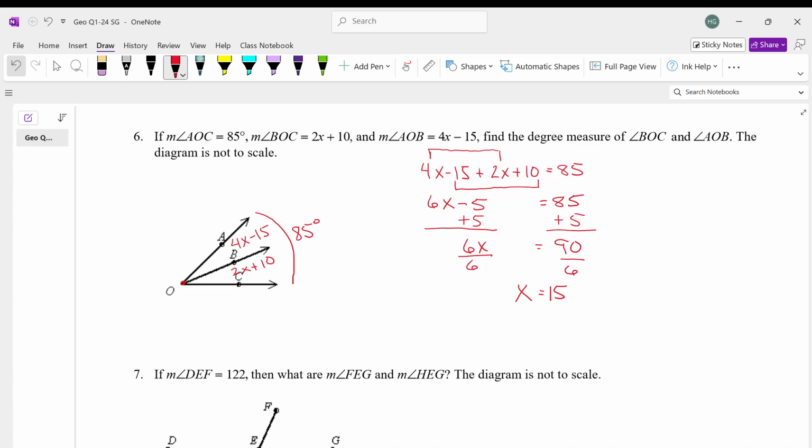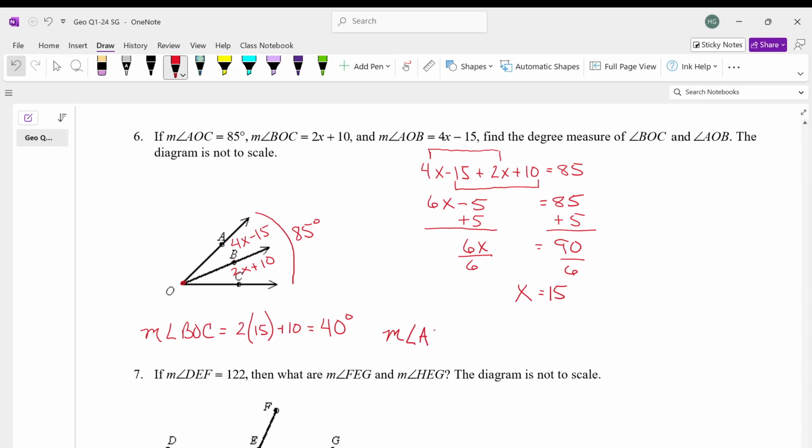So if x is equal to 15, then the measure of angle BOC is equal to 2x plus 10. So we're going to go 2 times 15 plus 10. And 30 plus 10 is 40 degrees. Angle AOB, you can find two ways.